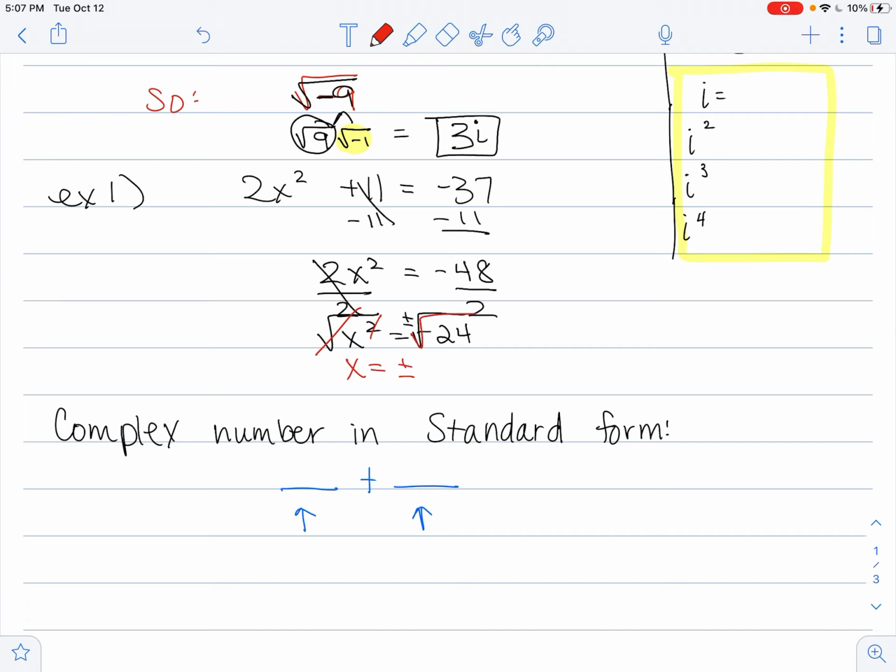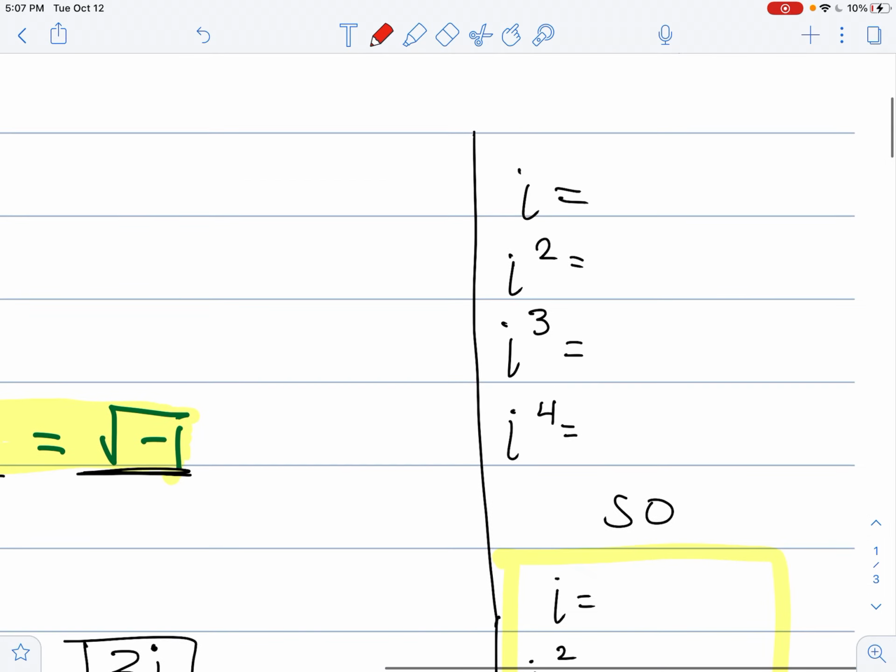Now I know the root of a negative turns into an i, so pull the i out, and I've got the root of 24. Now remember those perfect squares. Can we pull a perfect square out of the root of 24? I can switch it to the root of 4 times the root of 6, but the root of 4 is really just a 2. So this really becomes plus or minus 2 root 6 times i, because we can take that i out.